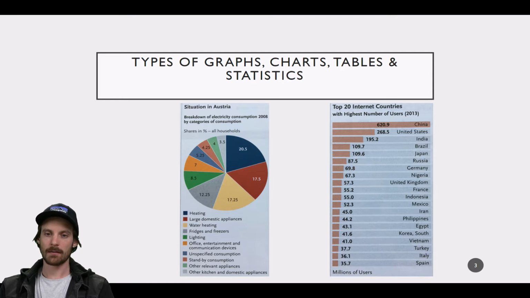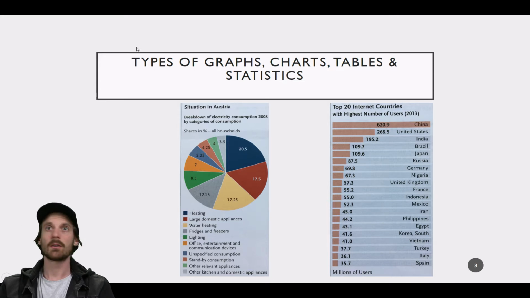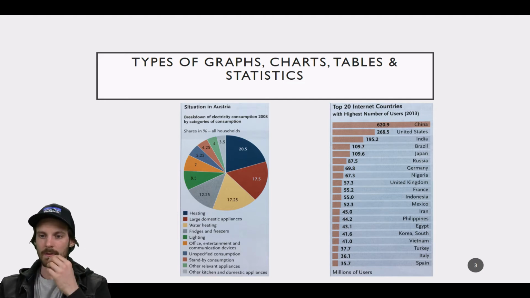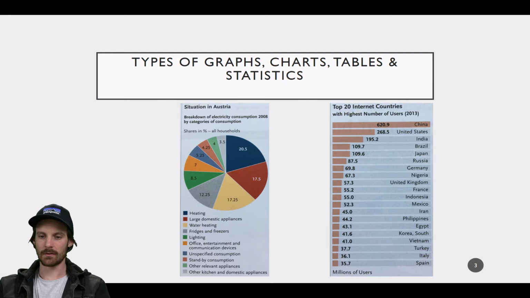So another type of graphs, charts or tables is actually graphs. So this graph here, I hope you can see. Yeah, it's a graph that shows you different numbers, percentages. In this case, it shows you the top 20 internet countries with the highest number of users in 2013.